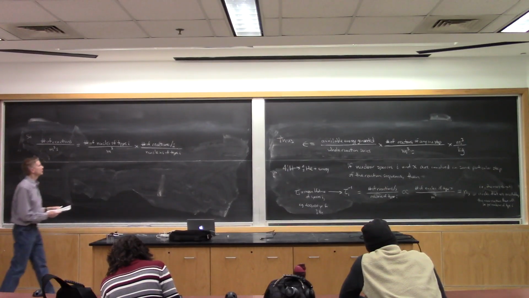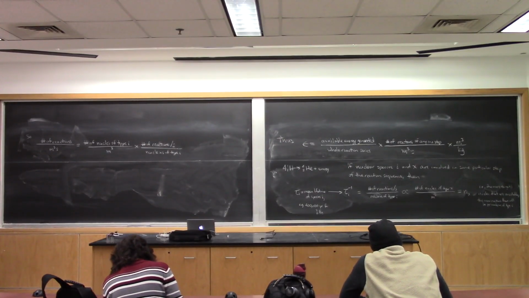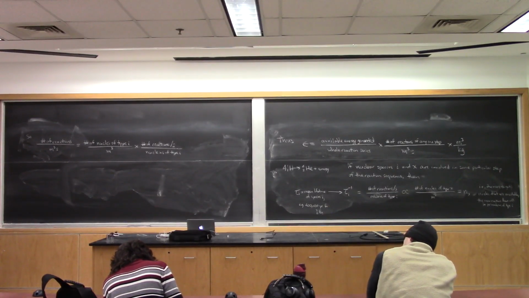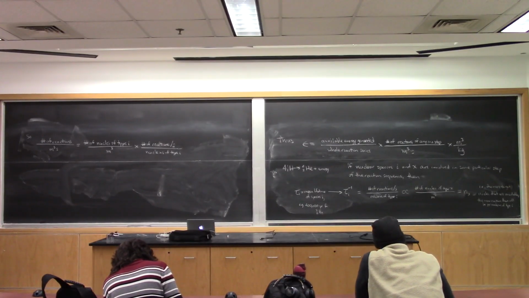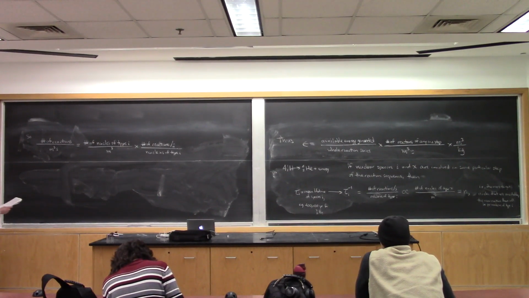For nuclei of type I, the number of reactions per second per nucleus times how many nuclei there are in every cubic meter will be the total number of reactions per cubic meter per second.